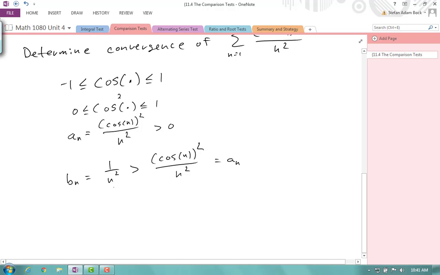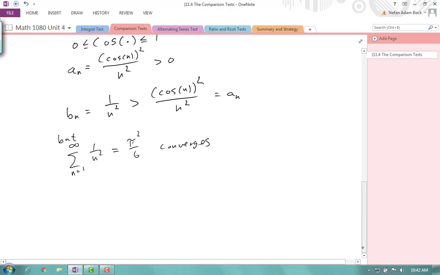So my b sub n's are larger than my a sub n's, but the sum of b sub n, we learned last time, is equal to pi squared over 6. This converges. So since I found a bigger series which converges, that must mean that my original series converges.